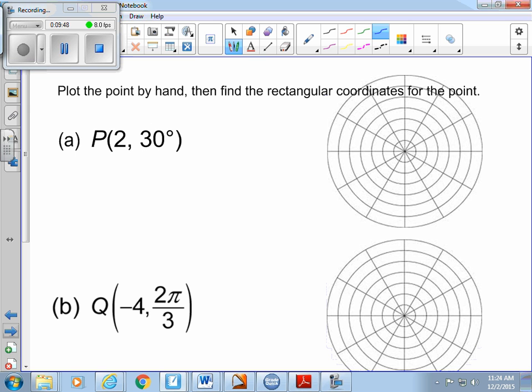Plot the point by hand, then find the rectangular coordinates for them. Notice something that is slightly different than vectors.